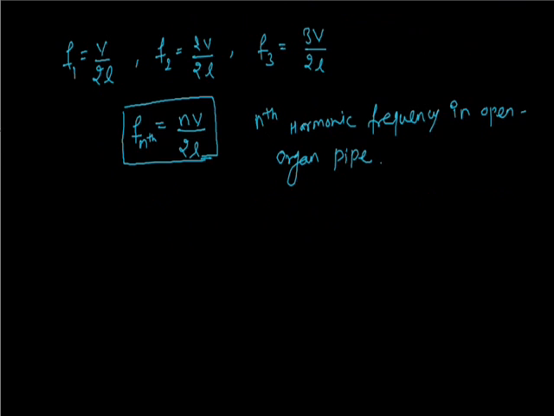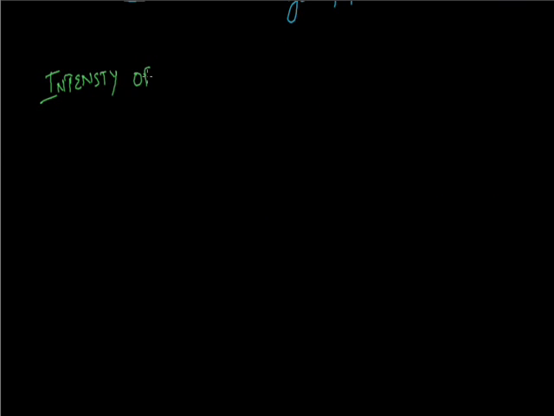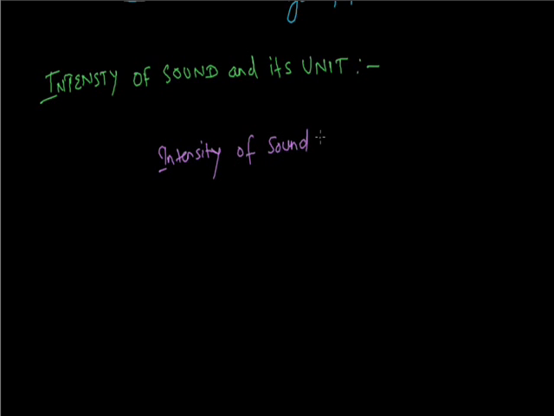Now the next topic is intensity of sound and its unit. We know the intensity of sound is energy upon area into time. What will be the SI unit of intensity of sound?